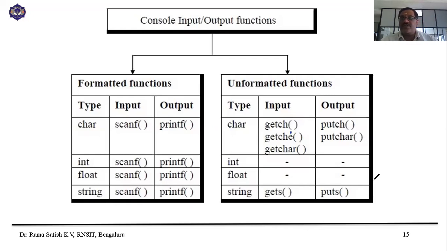So getch is used to read passwords. Anyhow, that is a higher part of the discussion. Getche, whatever you are typing will be displayed. Getch will not display. Next class, I'll show you one example of usage of getch, getche and getchar.